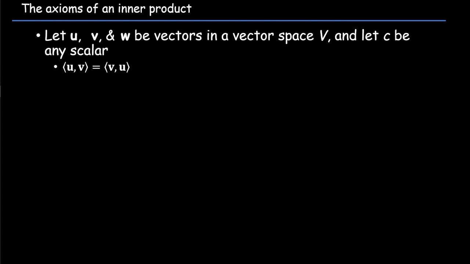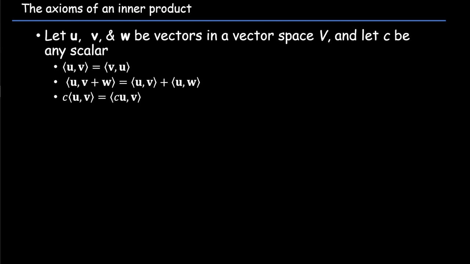The next one is that u comma v plus w must be the same as u comma v plus u comma w. And the third one is the scalar axiom: some scalar c multiplied by u comma v is equal to the inner product of cu comma v.